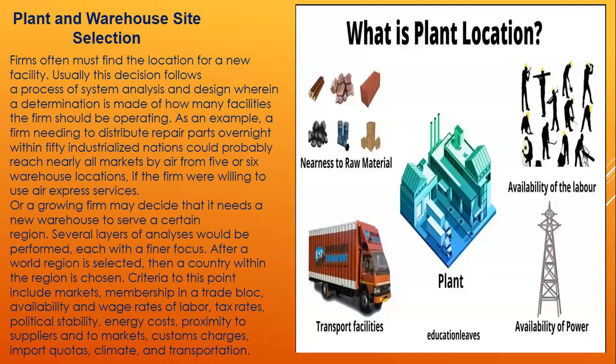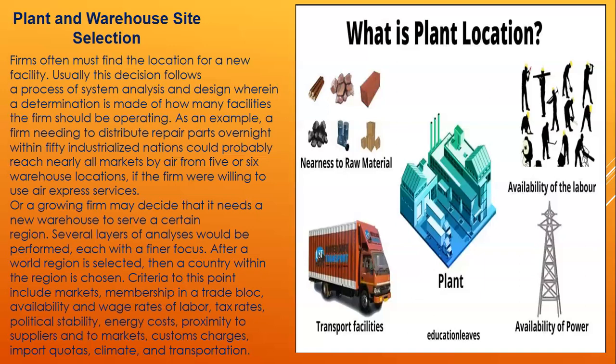After the world region is selected, then the country within the region is chosen. First, you need to select the plant location, meaning the country in which you want to start the manufacturing. Then in the country you need to select the state or region.